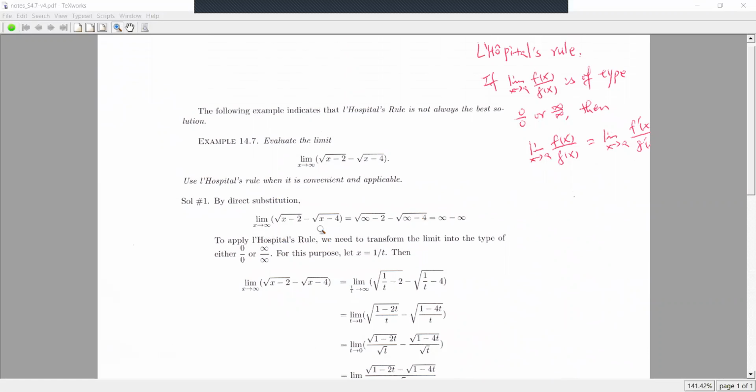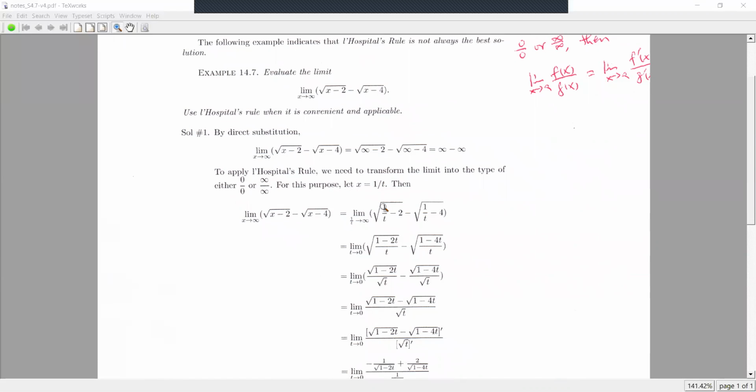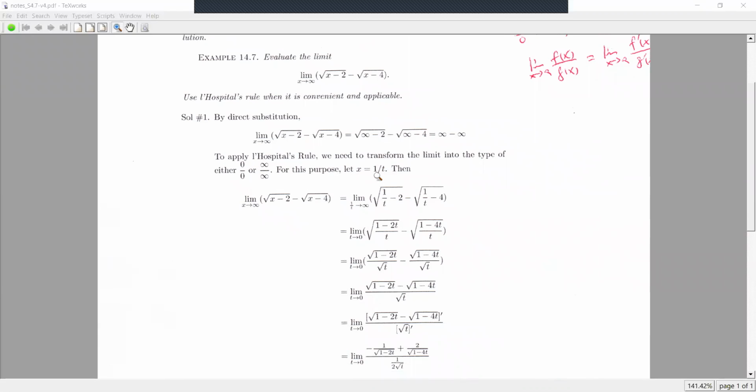So I need to change this limit into a limit of one of those types. For this purpose, I make a change of variable. I let x be 1 over t. Now, plug in 1 over t for x, then we get this limit.